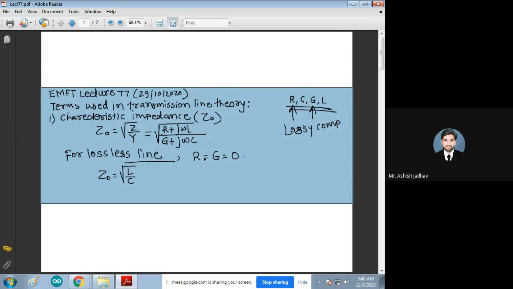For a lossless line, we know that R and G are equal to 0. Hence, Z0 is equal to the square root of L upon C. So this is what characteristic impedance is.